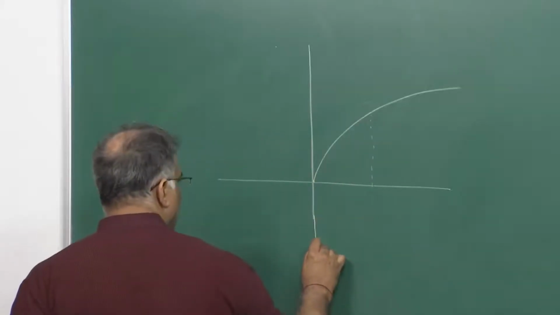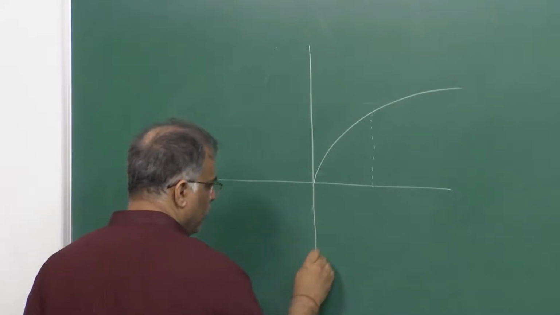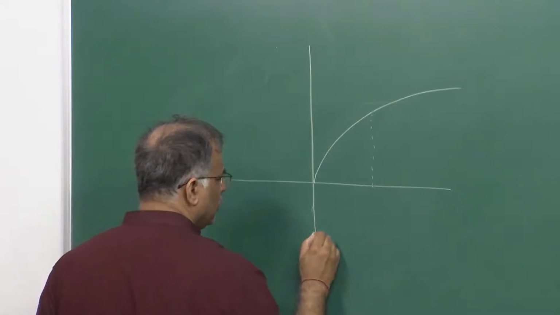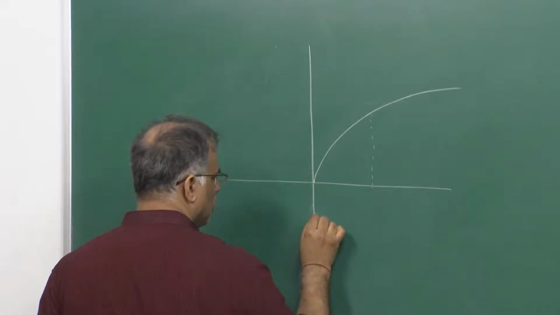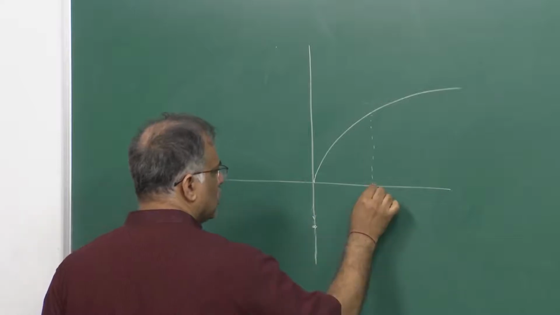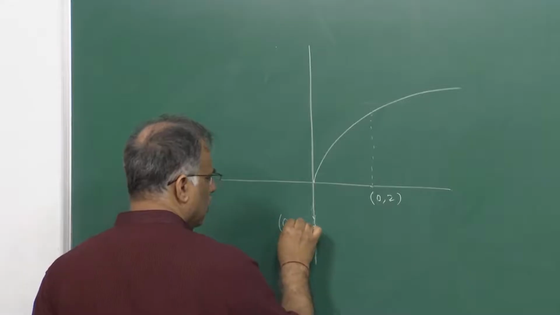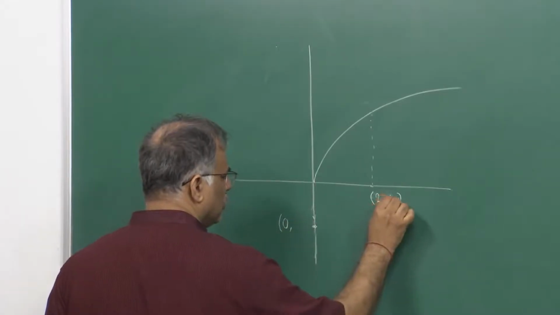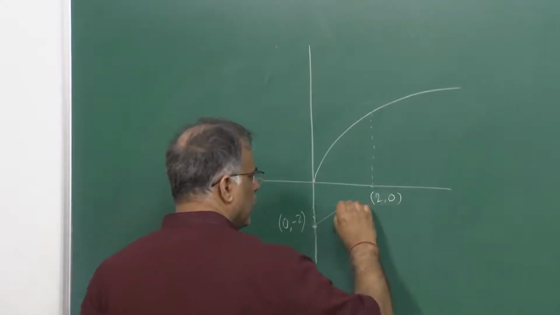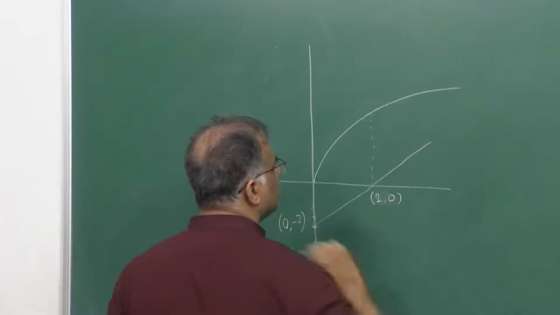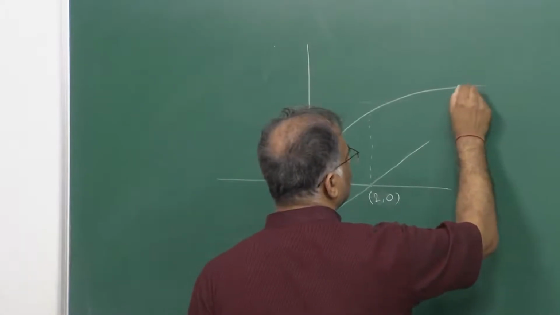So, the line definitely passes through 0, minus 2, that is 2, 0 and 0, minus 2. So, this line just passes like this, right. So, it must be intersecting the curve somewhere.